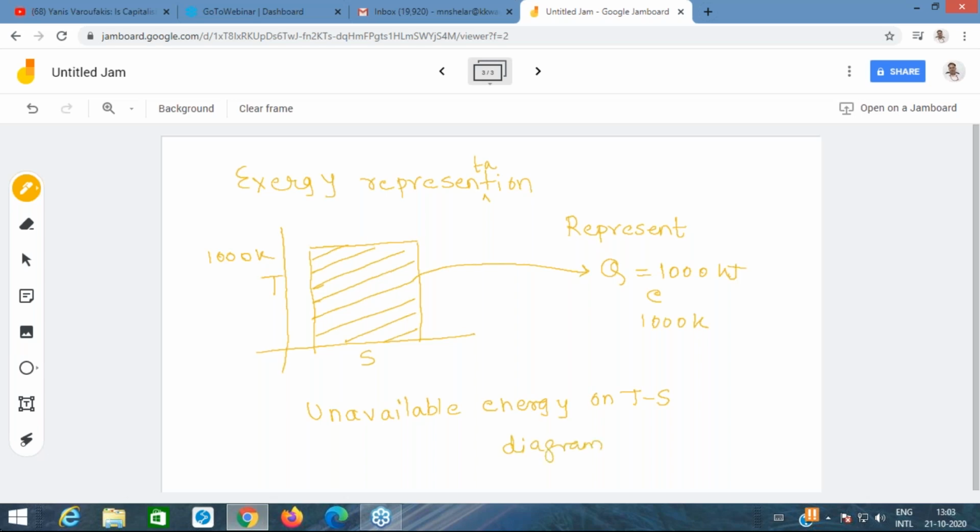I'm using the red pen now for showing the unavailable energy. For showing the unavailable energy, I need to show the dead state temperature.